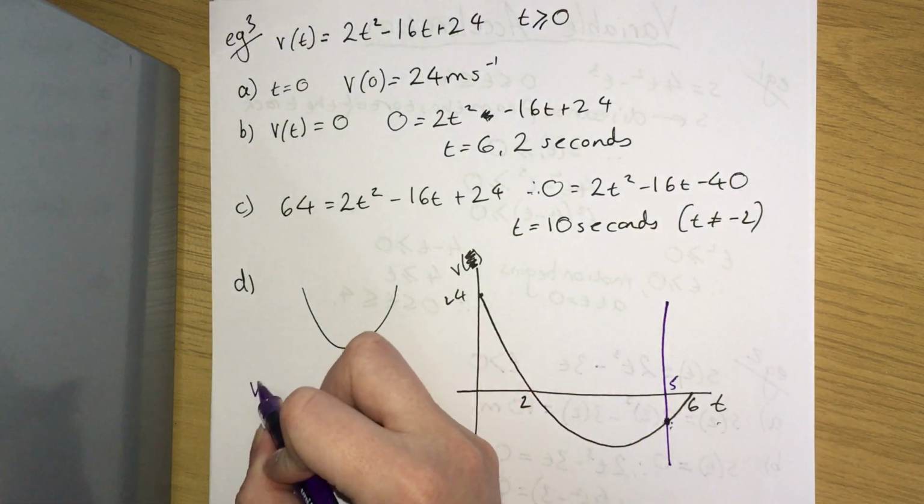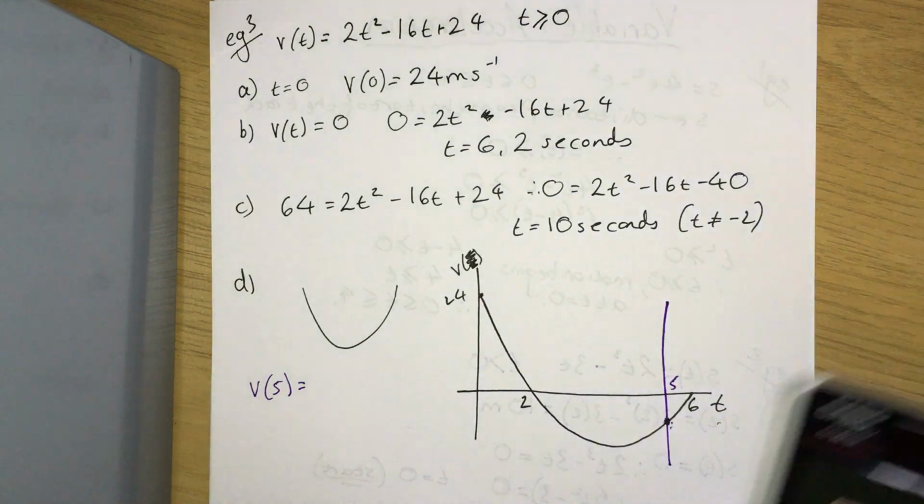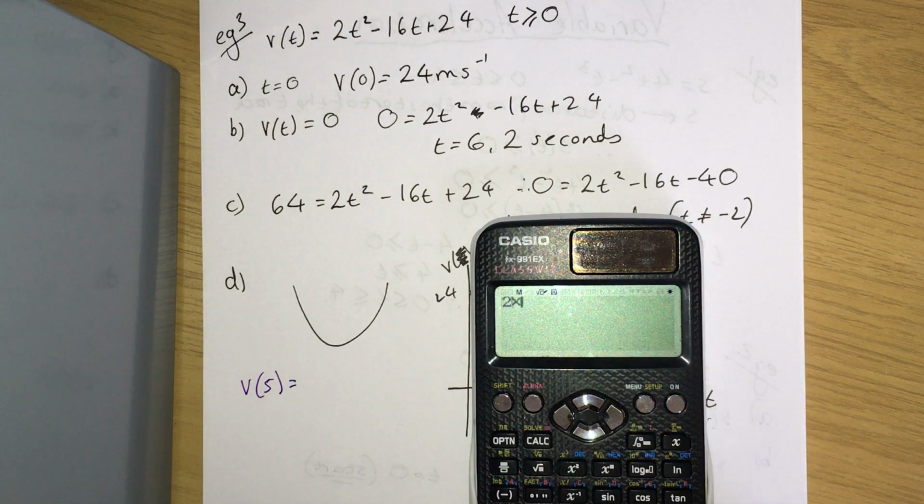So I want velocity when t is equal to 5. So 2 times 5 squared, subtract 16 times 2 plus 24. I can put brackets, but I don't need brackets because my calculator will do BIDMAS for me.